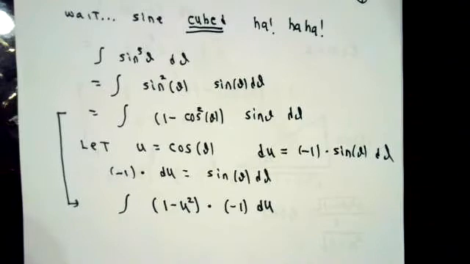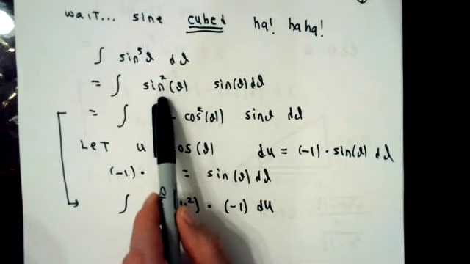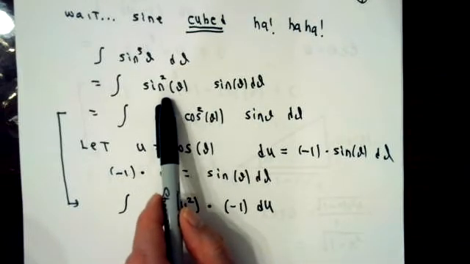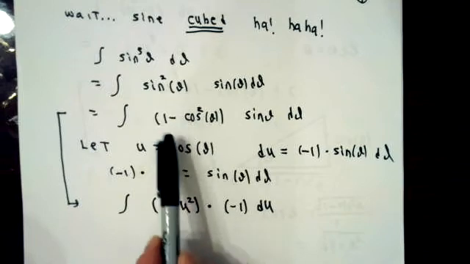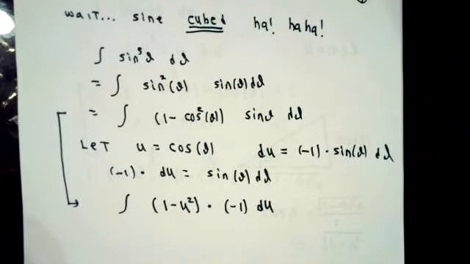But in a previous discussion, if I have powers of cosine, 0 would be a power, times an odd positive whole number power of sine theta, we know what to do. You split off one of those sine thetas here, take the remaining things, sine squared of theta, and use a trig identity to write it as 1 minus cosine squared theta.